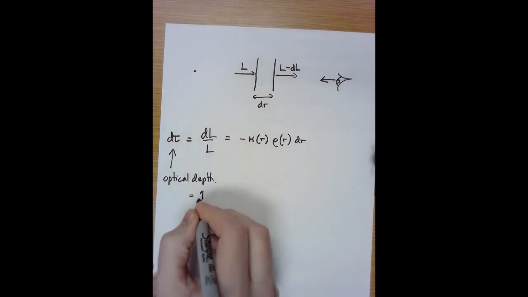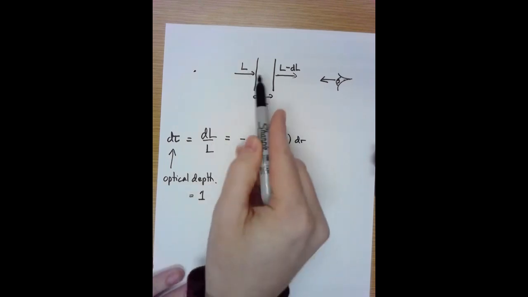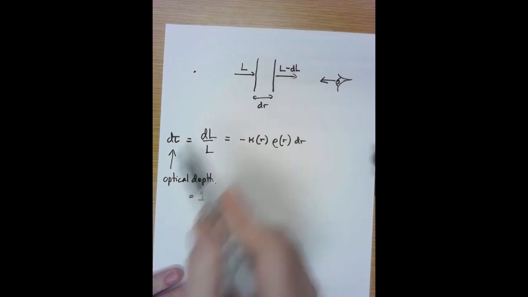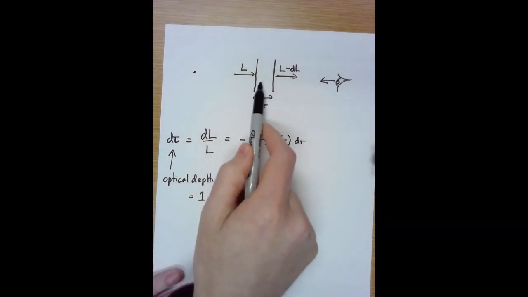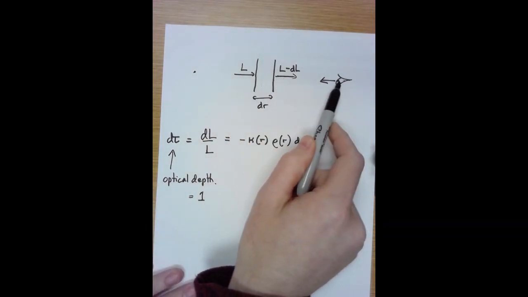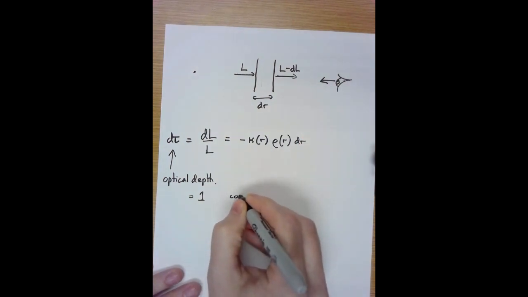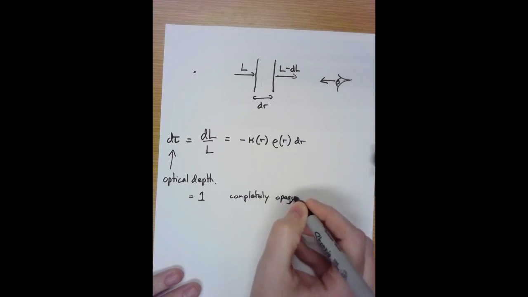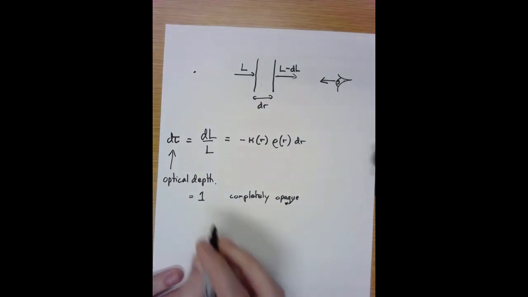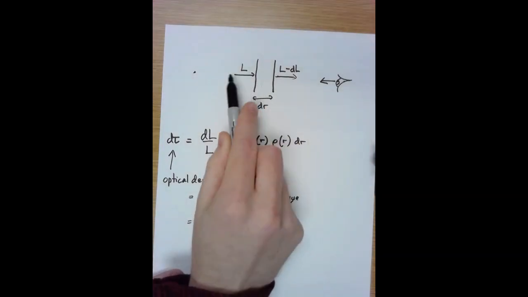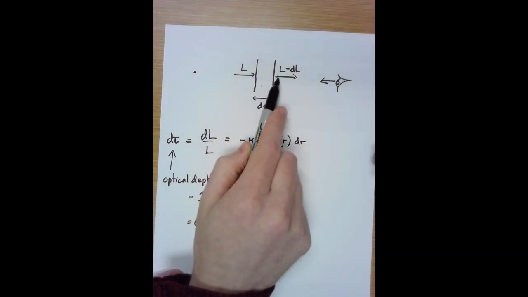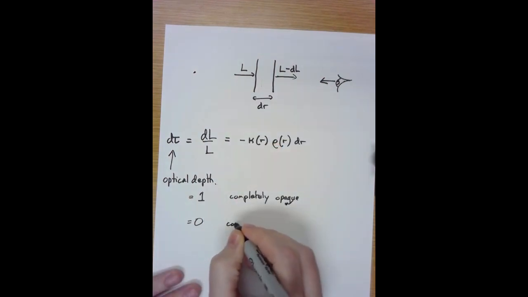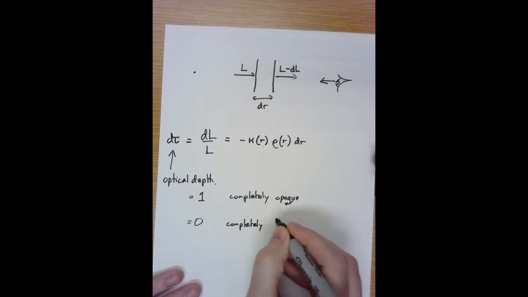If it's equal to 1, that means dL is equal to L, or in other words, there's zero luminosity coming out the other side. So all of the radiation is getting absorbed or scattered here, and none of it makes it to our eye. So this means that the material is completely opaque. You cannot see any distance into the material at all. And conversely, if it's 0, then none of the light gets absorbed or scattered. All of it makes it through to our eye, and the material is completely transparent.